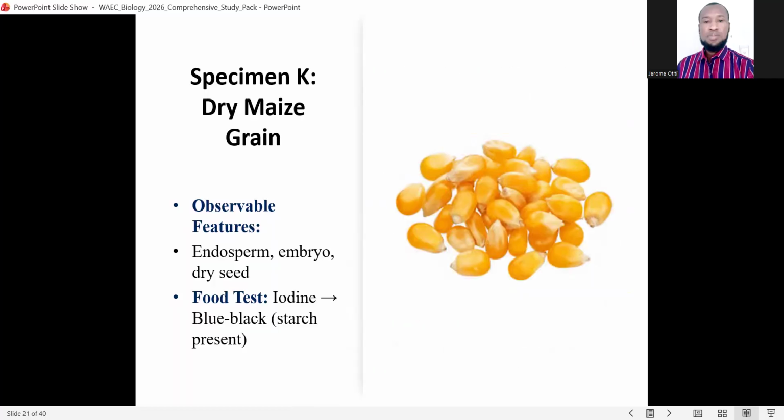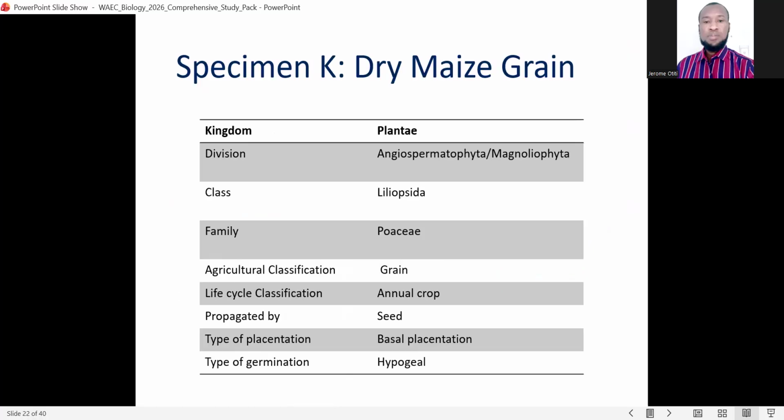Specimen K, dry maize grains, observable features, dry seed, endosperm, the embryo. You have to read it. The same thing, the classification from kingdom to class. Master those first ones, the kingdom, the division, and the class.